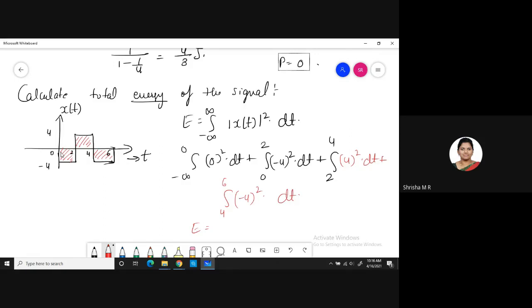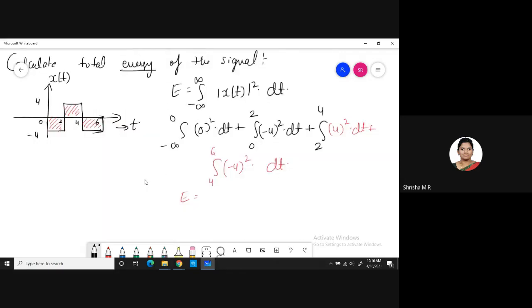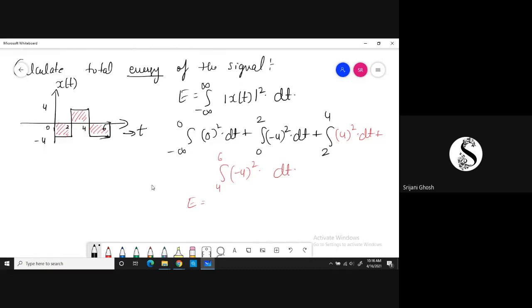Try solving this. 96. Check once. Or you can write one more term plus integral 6 to infinity 0 square into dt.